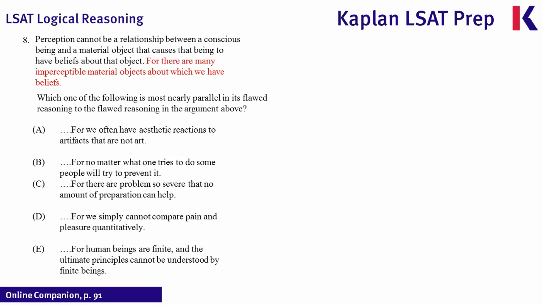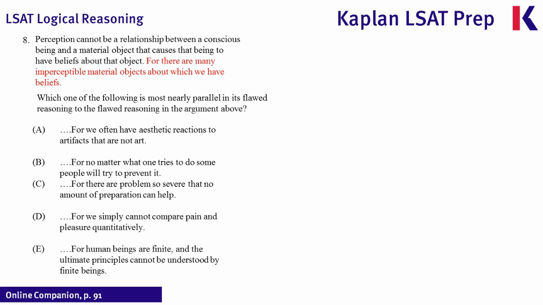Okay, so let's isolate the evidence in the six arguments and compare it, which is made easier because all the evidence is indicated by the word for. Now, the stimulus's evidence, highlighted in red, and listen as I say this, is that there are many objects that can't be perceived, which we hold beliefs in. See that?